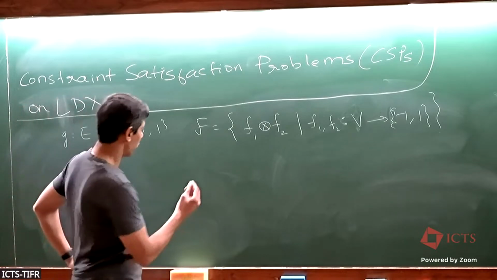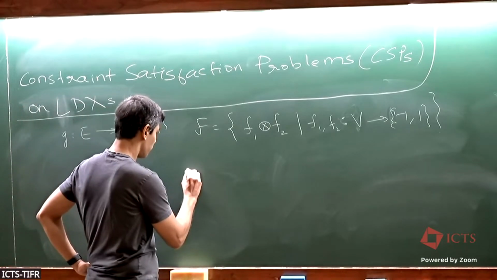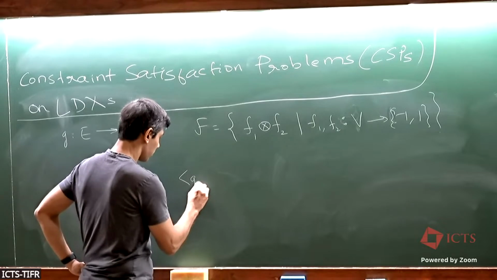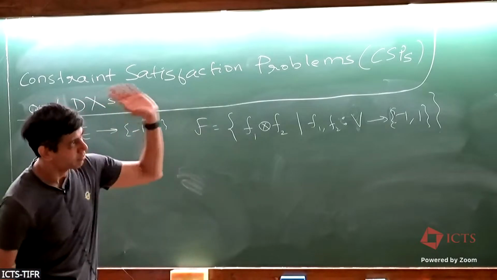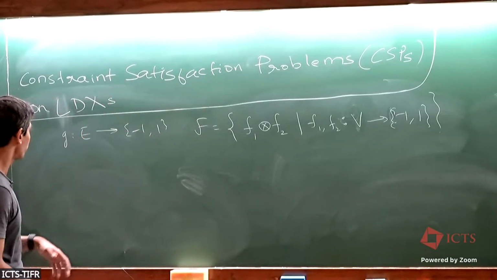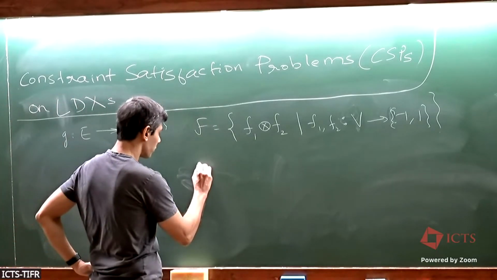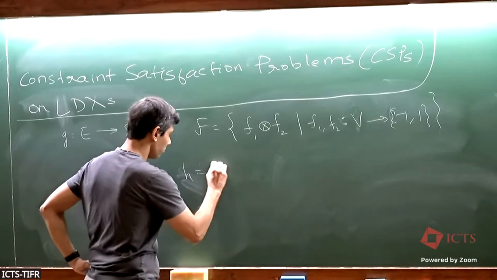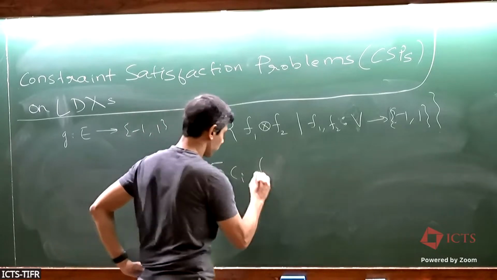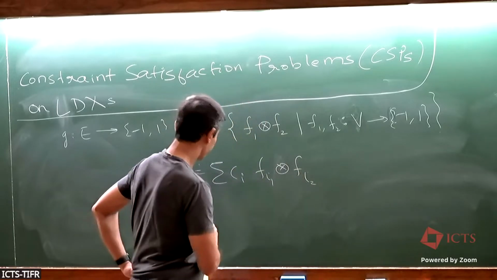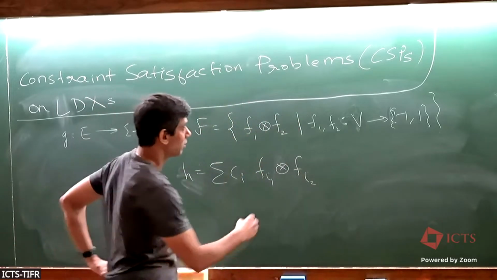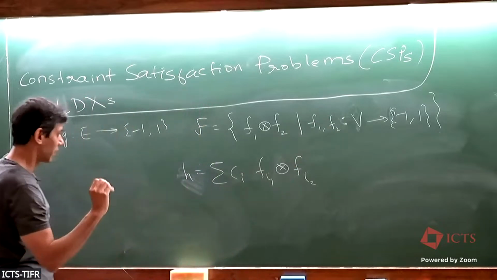Now the lemma gives us an h such that, taking the epsilon in the lemma to be small enough, I can look at an h which is of this form, where these come from this class, which is closed under negation.